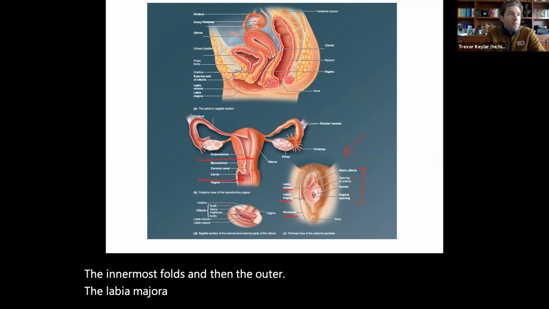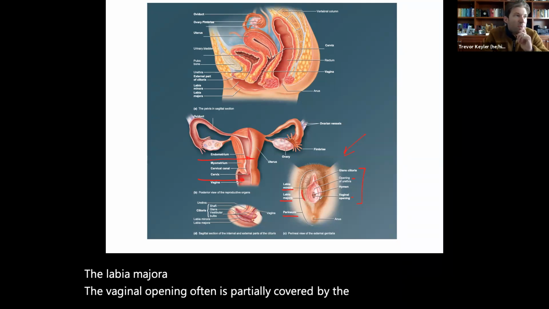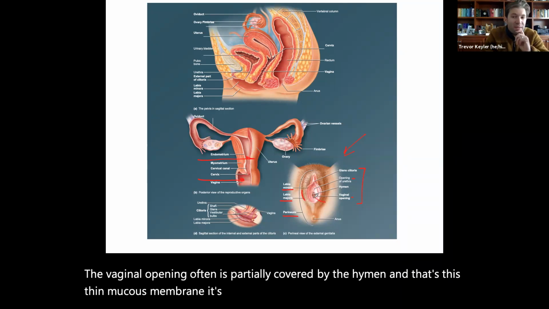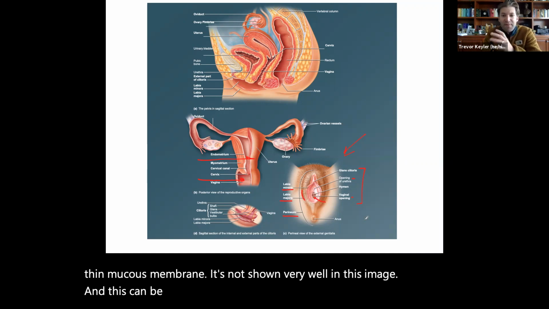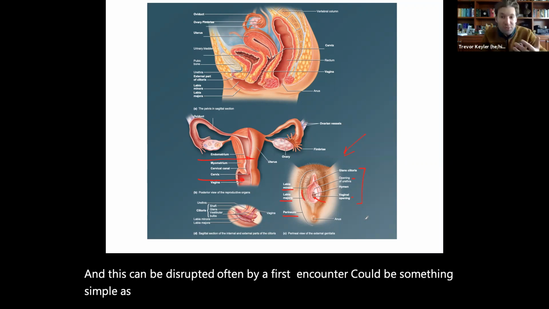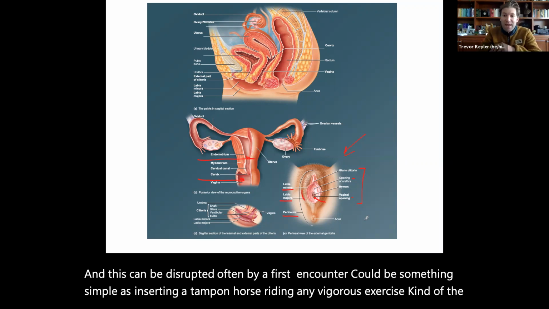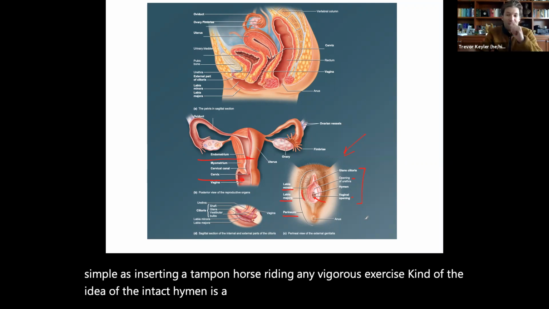The vaginal opening often is partially covered by the hymen, and that's this thin mucous membrane. It's not shown very well in this image. And this can be disrupted by a first sexual encounter. It could be something as simple as inserting a tampon, horse riding, any vigorous exercise. The idea of the intact hymen is a very dated concept. So it can be broken at any time.